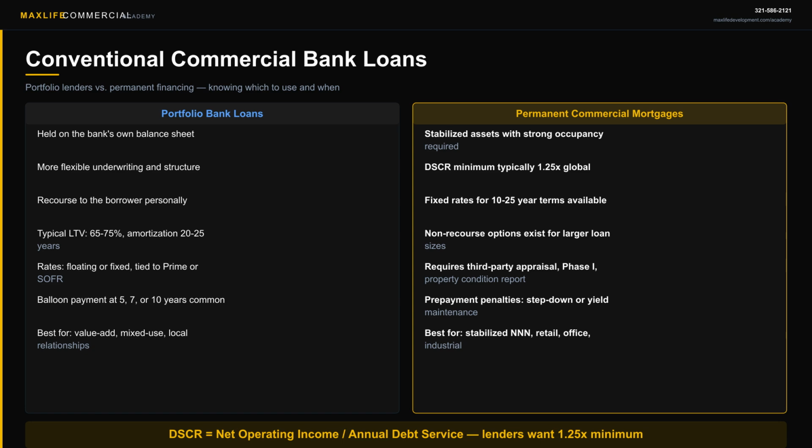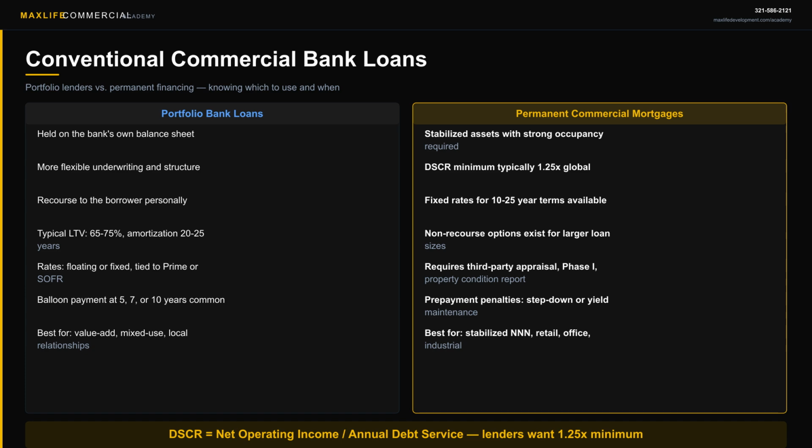Now let's talk about the workhorse of commercial lending, conventional bank financing. There are really two flavors here, and knowing which to use and when is a skill every investor needs. On one side, you have portfolio bank loans. The bank holds these on its own balance sheet, which means more flexible underwriting and structure, but almost always recourse to you personally.